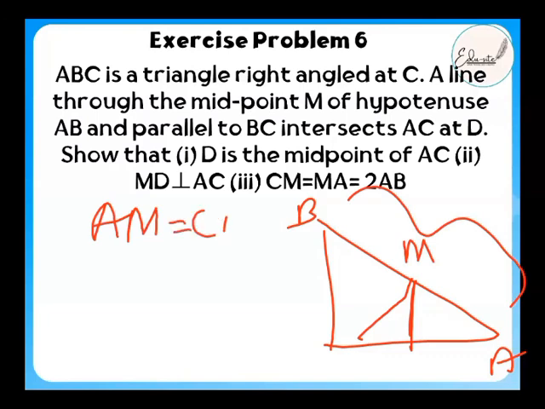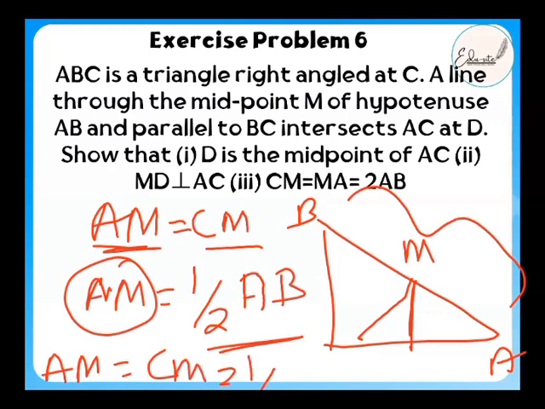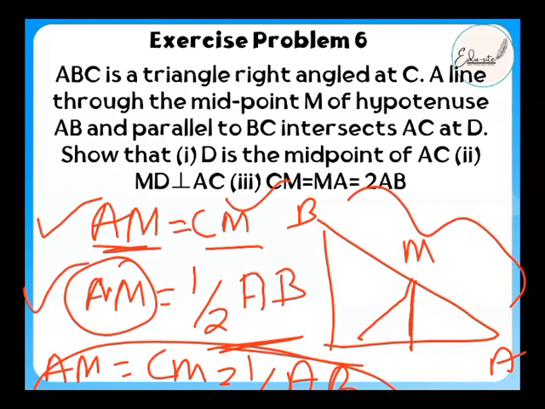CM is already done. If AM is equal to half of AB, but AM is equal to CM, then AM equals CM equals half of AB. Correct? All these are equal because AM is equal to CM, and AM is also equal to half of AB. So this is proven. Done?